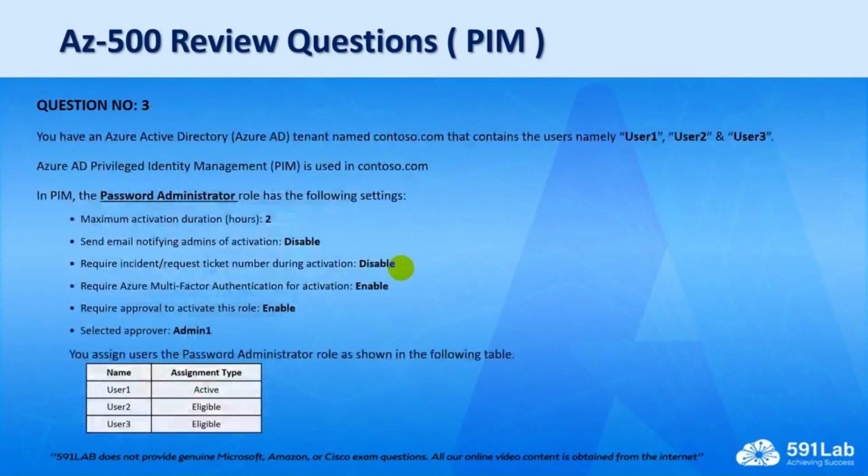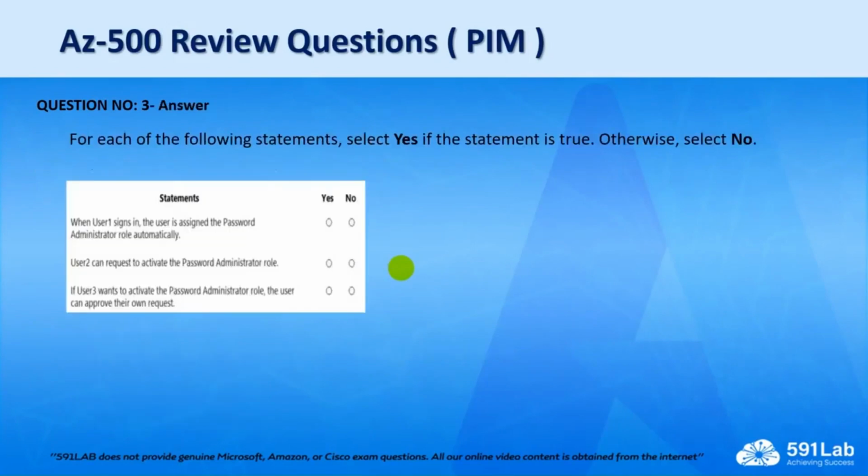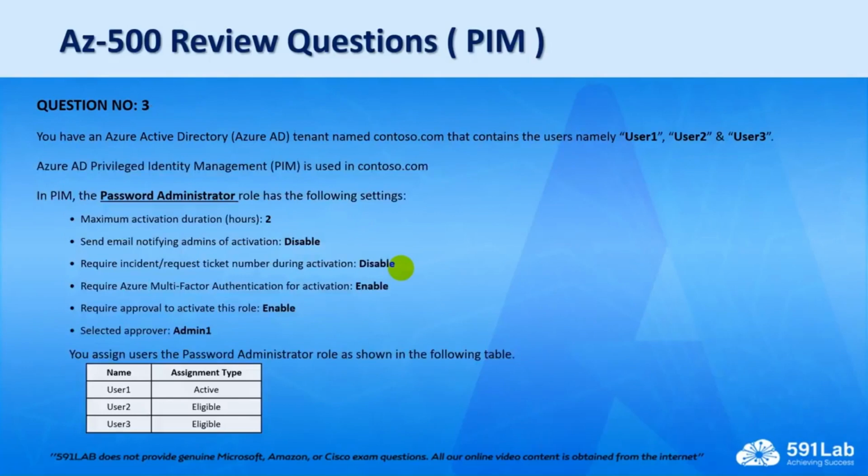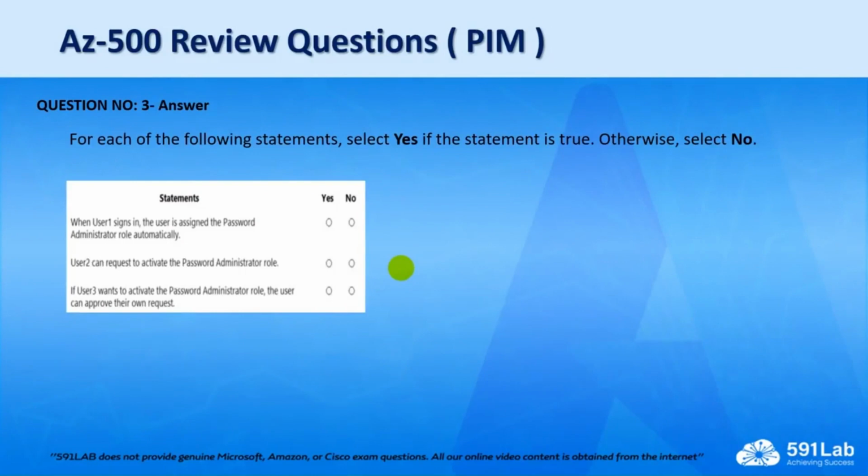You can see the assignment type is active, which means if user 1 is signed in, then he or she does not need to activate the role because the assignment type is already active. And we know PIM makes the role eligible, and then the user has to activate it on their own. But if the assignment type is active, then it is directly assigned. Fine. So the first option should be yes.